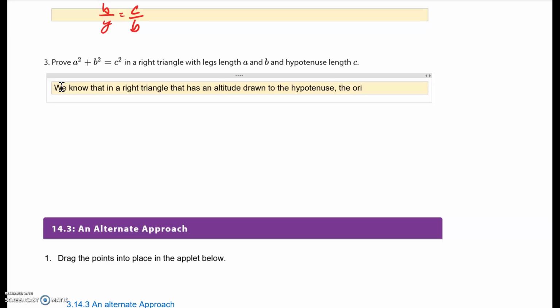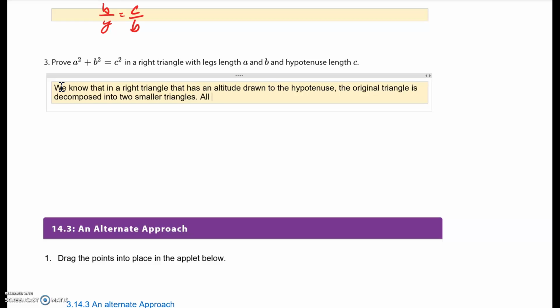the original triangle, the big one, is decomposed into two smaller triangles.